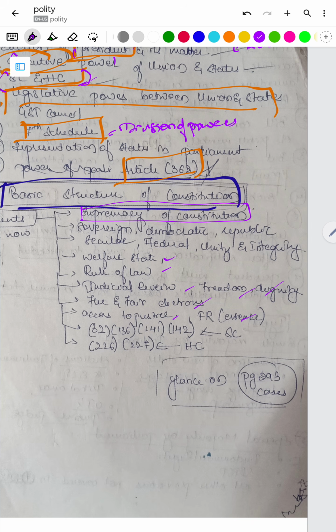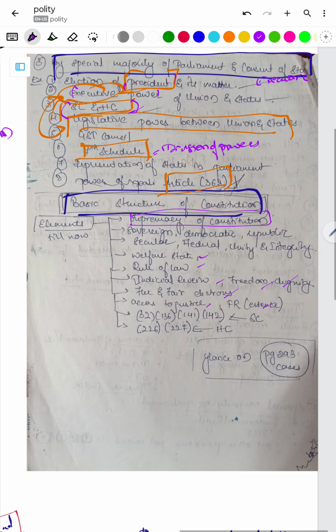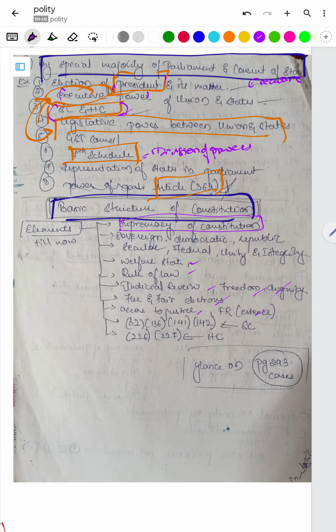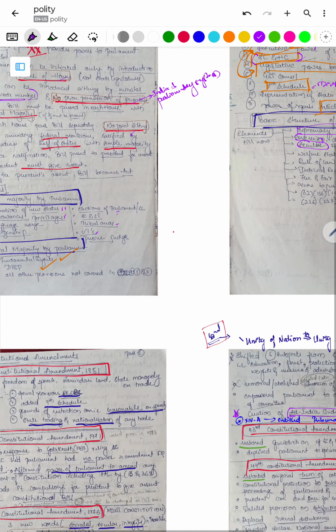Okay, these are some of the features recognized till now. If any question is asked, mostly it would be secular, sovereign, democratic, judicial review, freedom, dignity. So you can remember from that perspective.